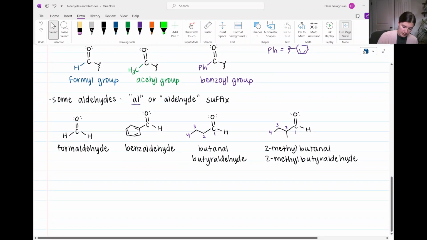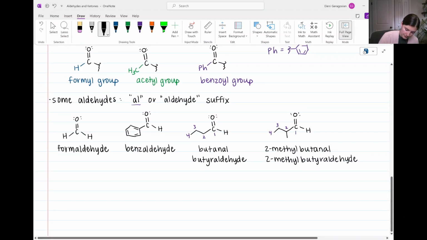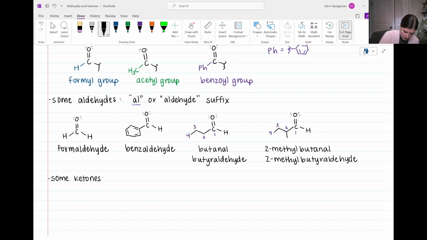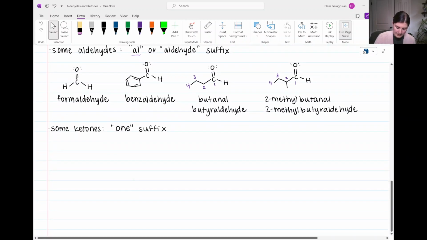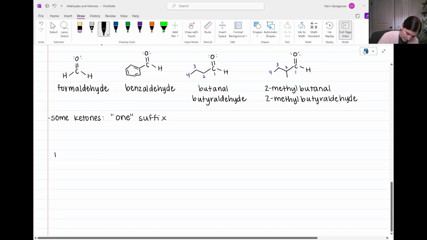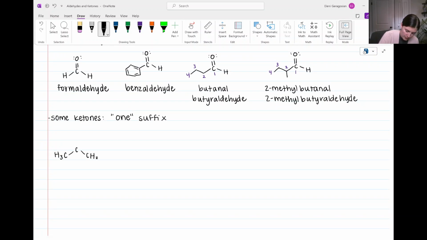So now let's do some names for ketones. For ketones, we use the -one suffix. We will draw 5 structures this time and then name all of them. The first one has 2 methyl groups bonded to the carbonyl carbon.